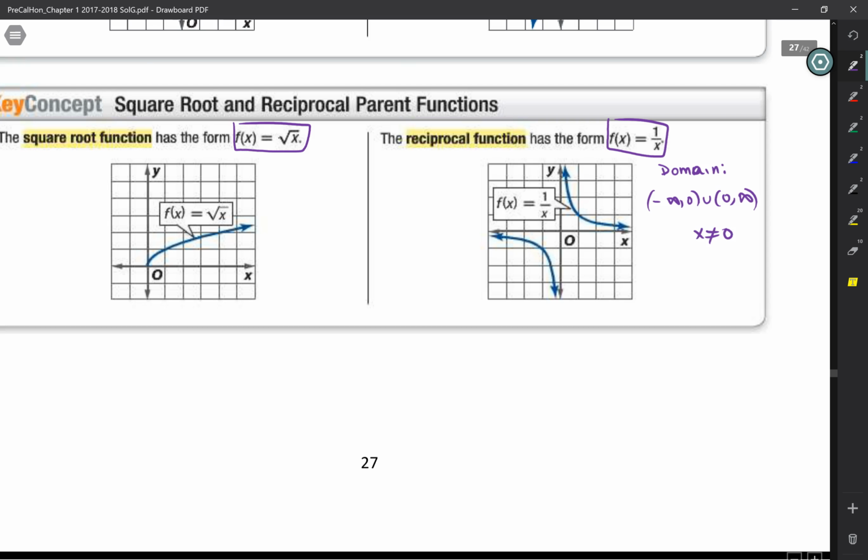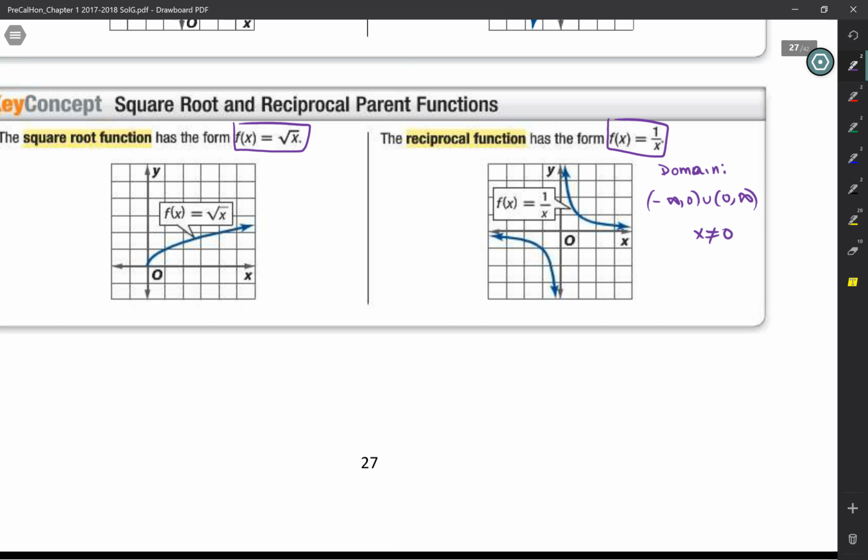What about y? Can you plug in any numbers for x to get a positive value for y? Yeah, like you could plug in 2 and you get positive 1/2. You could plug in 10 and you get positive 1/10. Can you plug in numbers for x to get a negative value?